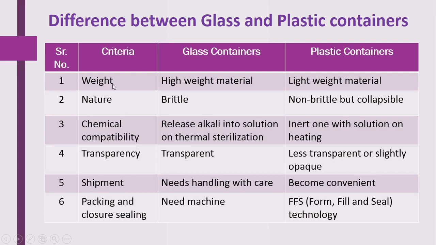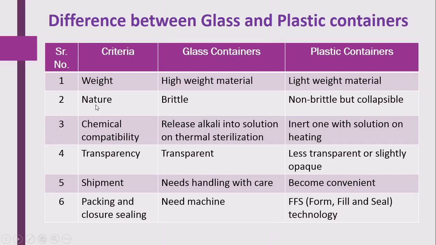Let's see one by one. In case of glass container, the weight is high. Glass is a high weight material. But plastic materials are light in weight.